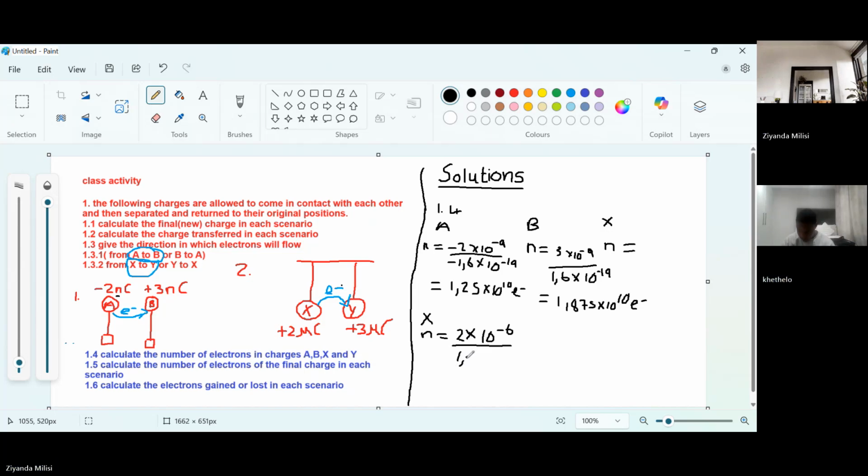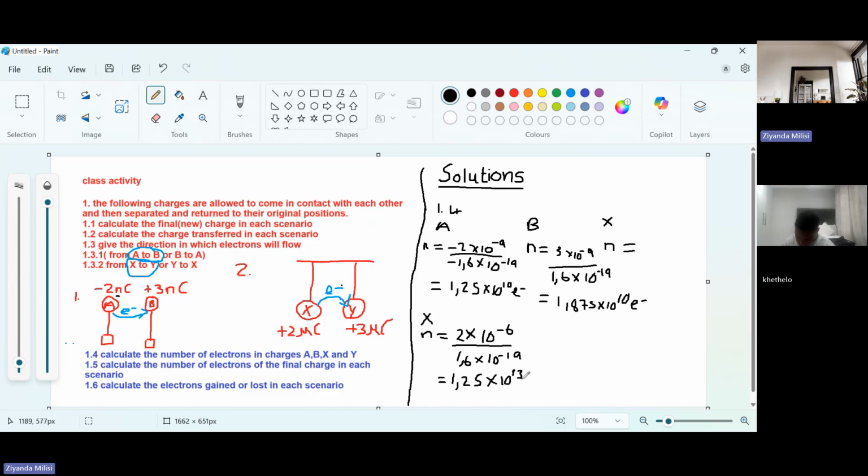For X, it's 1.25 times 10 to the power of 13 electrons.